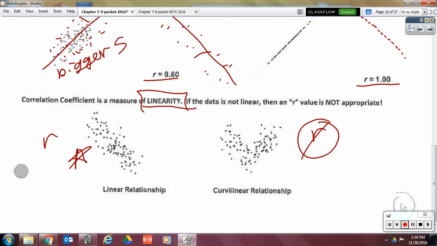What kind of relationship does that one look like? It says curvilinear, but what do we know? Quadratic, because we've got some kind of parabola happening there. So it is not appropriate to talk about the correlation coefficient with that kind of data.